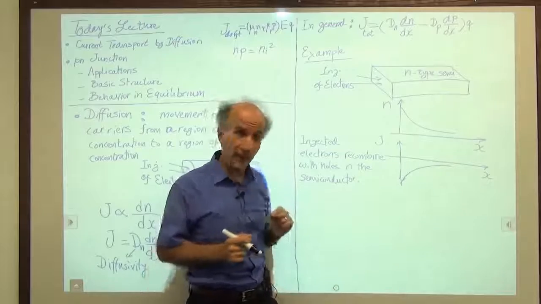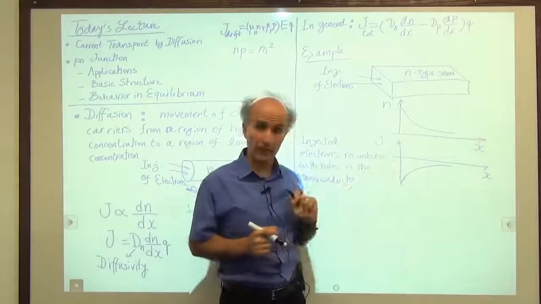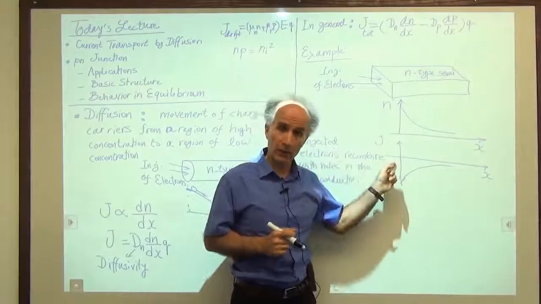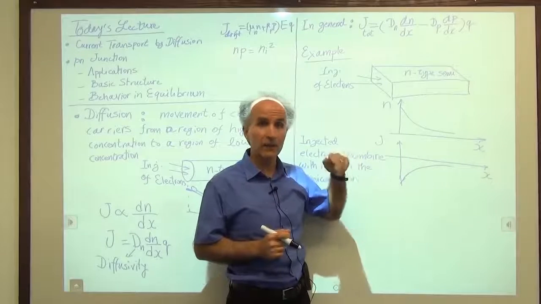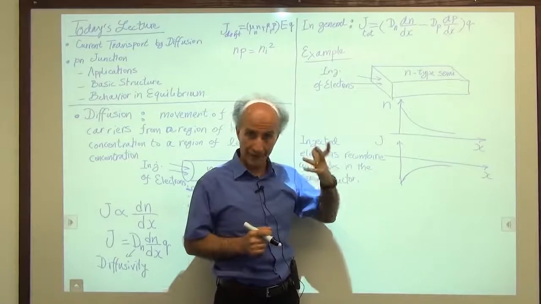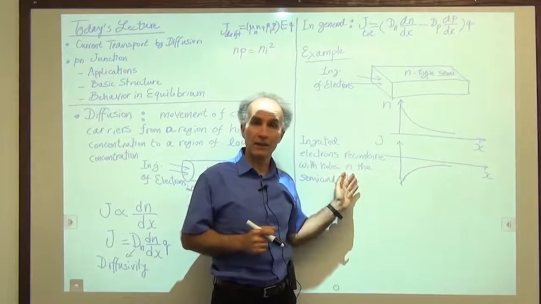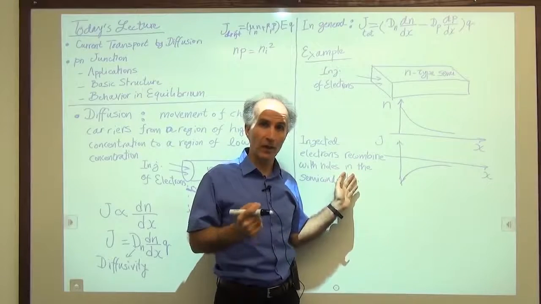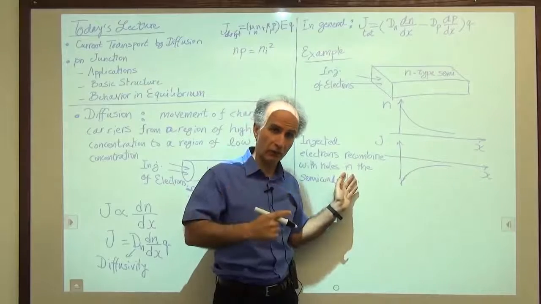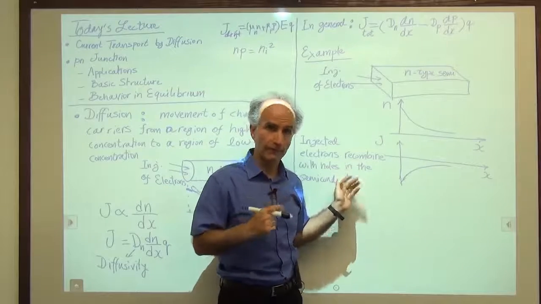If that is the case, then the plots will not look like this. So let's try the plots for the case that the density of holes is so small that there's just not any significant recombination of the injected electrons with the holes.